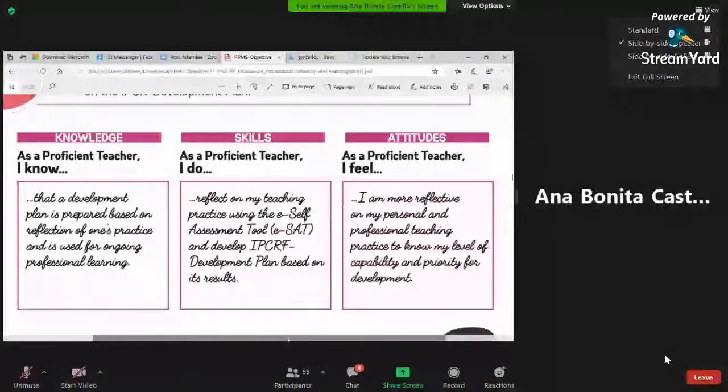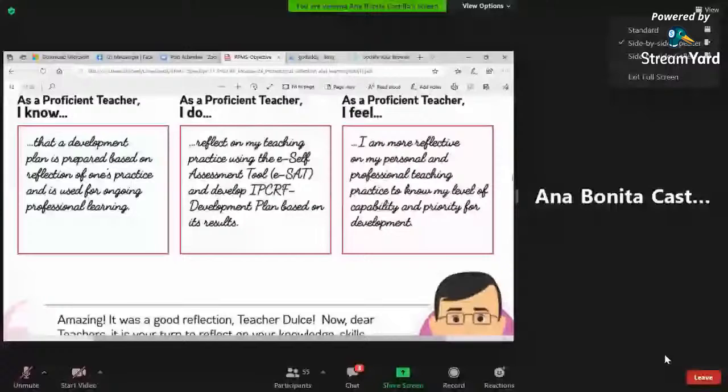And attitudes: I feel I am more effective and reflective on my personal and professional teaching practice, to know my level of capability and priority for development. Okay.